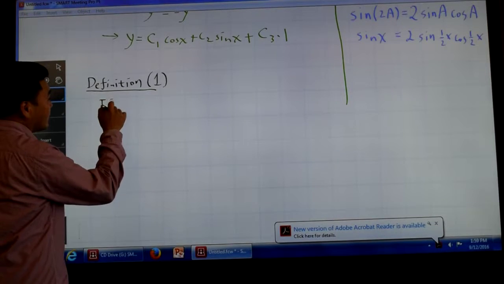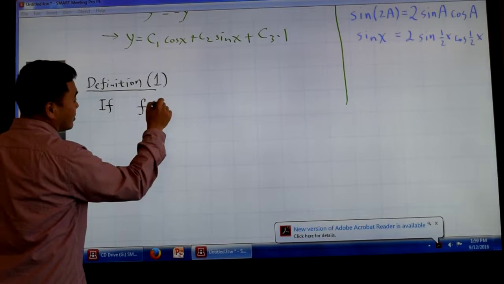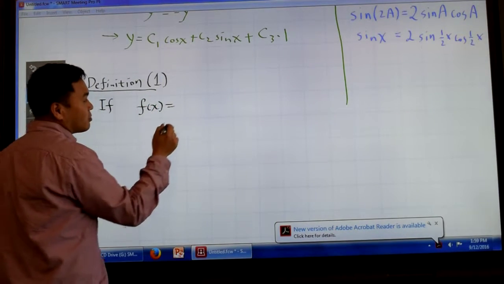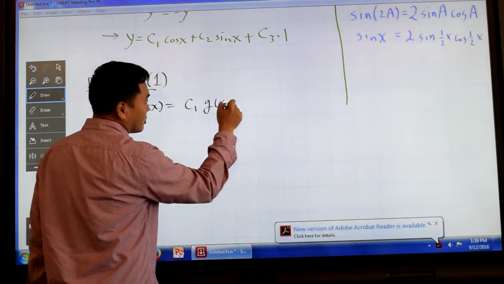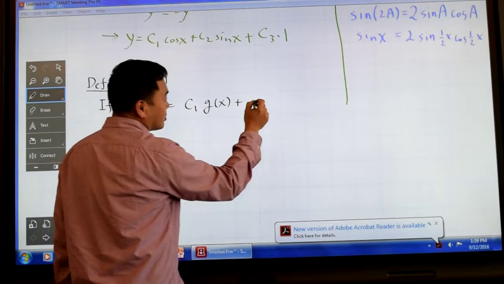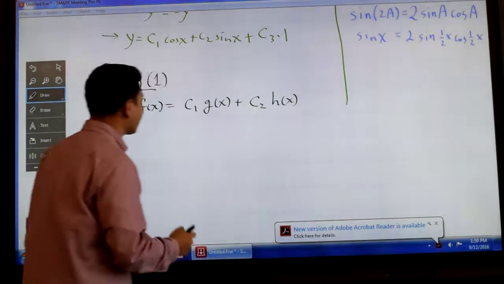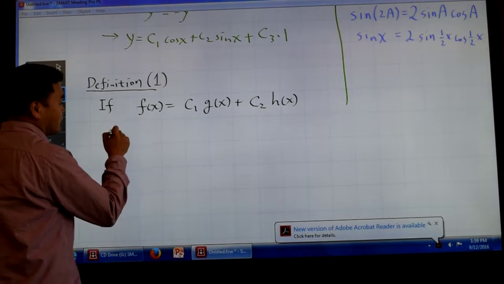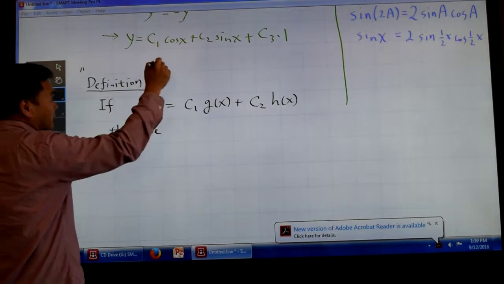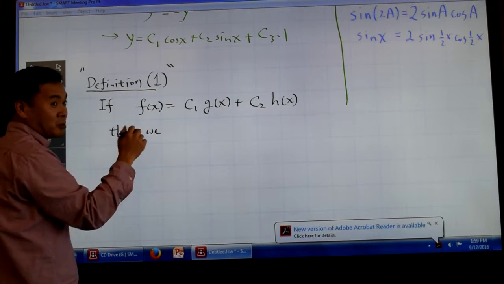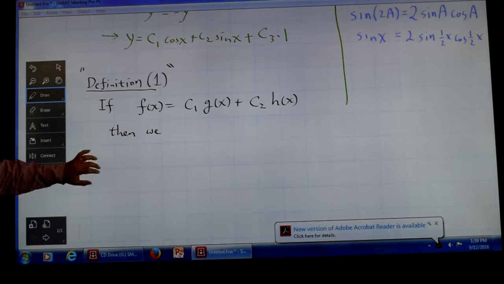If f of x is given by c1 g of x plus c2 h of x, then we say, let's put a quotation mark here because this is not really the definition we want, but it will kind of make sense.